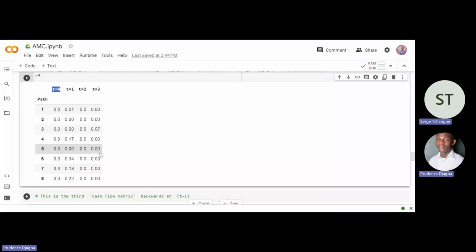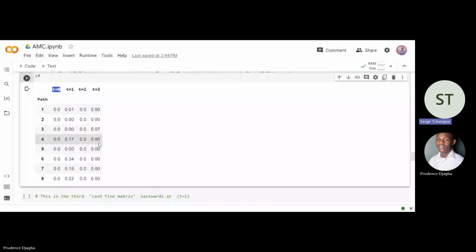I need one more clarification. From this third cash flow, since we are at t equal to 1, for the fourth path we have 0.17. No, the 0.17 is just one exposure from one path, which is path 4.